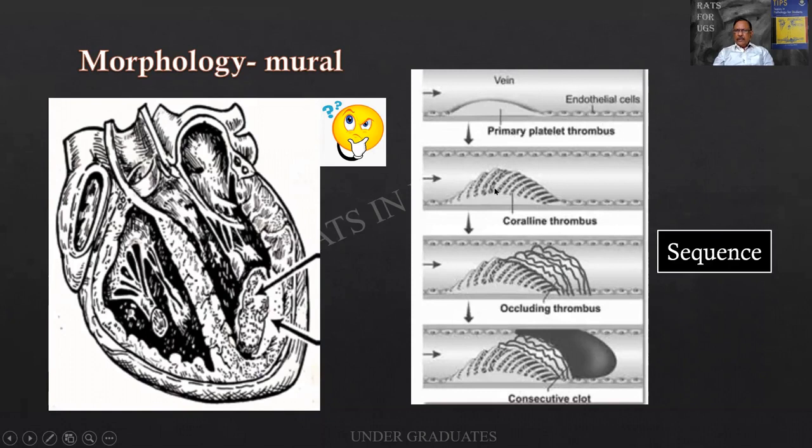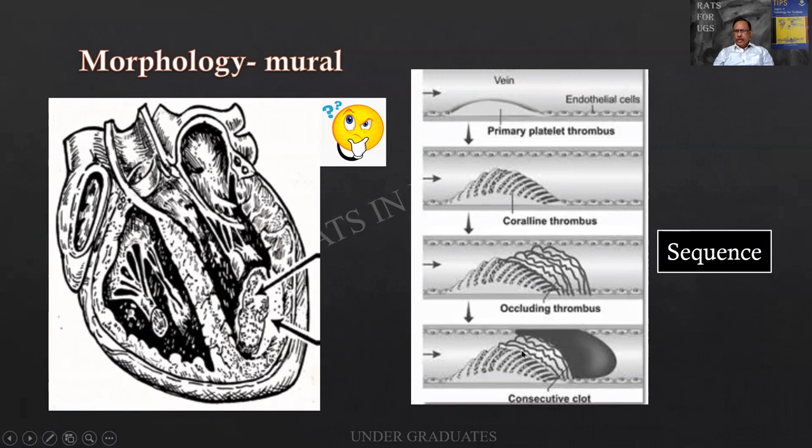Alternately, you find that there will be the platelets and fibrin and the RBCs. So I get pale and dark lines, which is typical of a coralline thrombus. Coralline thrombus was once asked as a question, but now it is restricted to mural thrombus, but both are practically the same. This can sometimes become larger and form a total occlusion.